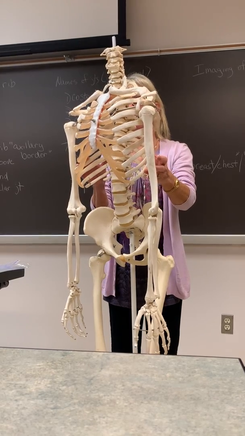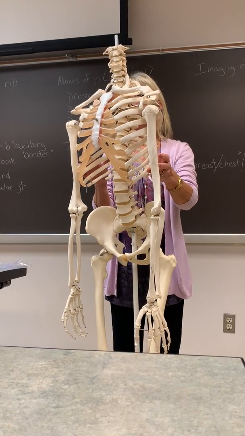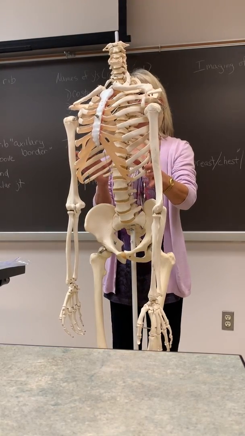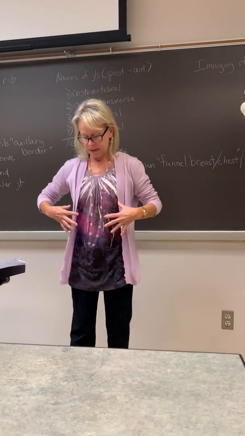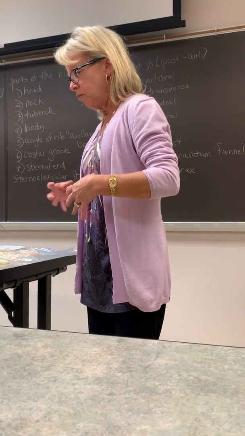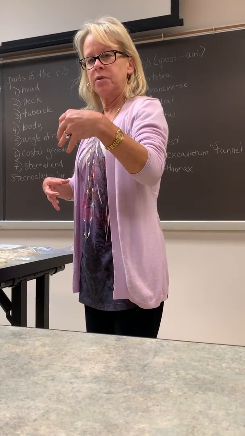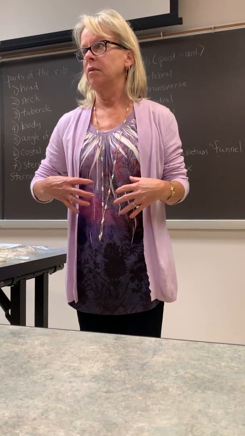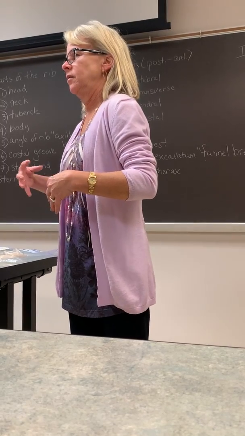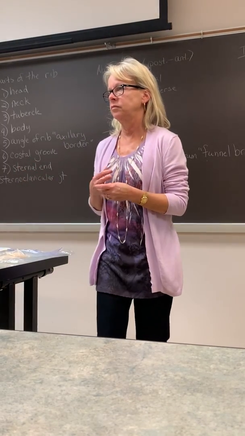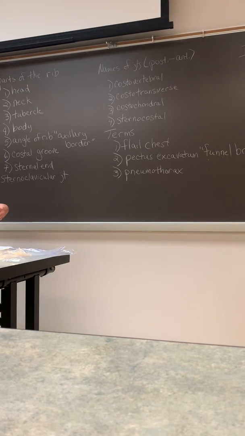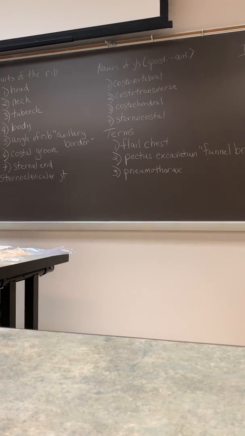Which ribs do you think are going to be elongated? Good. The right side. Okay, so picture your ribs like this. If you go RPO, the right ribs are elongated. The left ribs are foreshortened. LPO demonstrates the left ribs elongated.